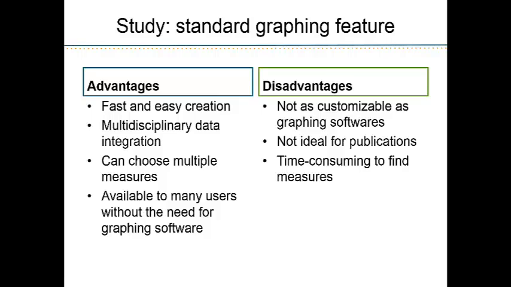Unfortunately, just out of the box, it's not as customizable as other graphing software. I mentioned Prism, that's pretty much what we use exclusively in our lab, which makes it not very ideal for people because we don't have a lot of those features. They don't look very pretty to put into something.